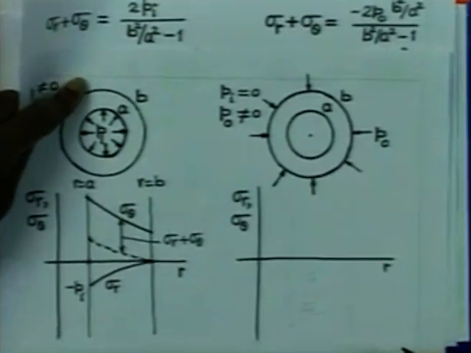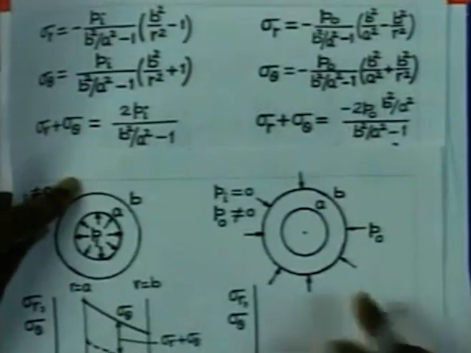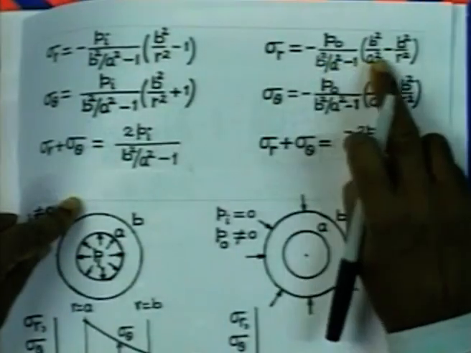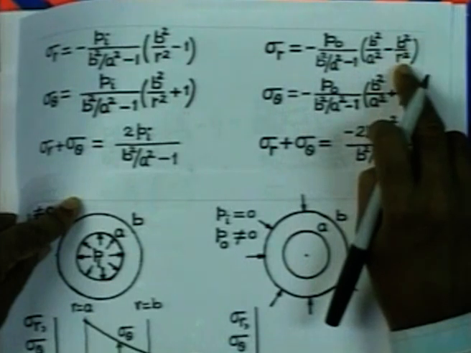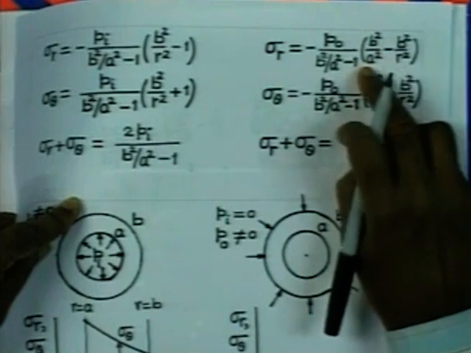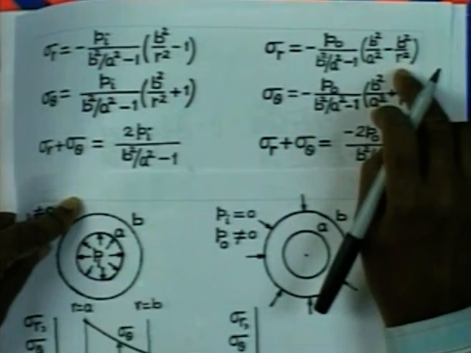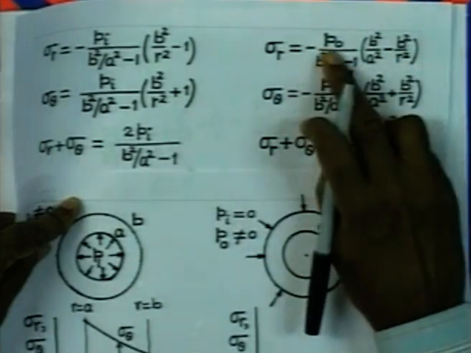So, here is the radial stress variation. When R is equal to A, this term cancels, therefore sigma r is 0. When R is equal to B, then we are going to have minus P0.